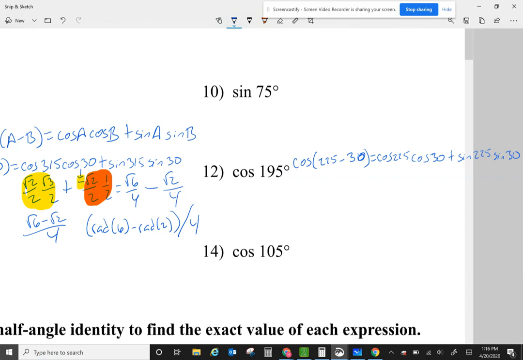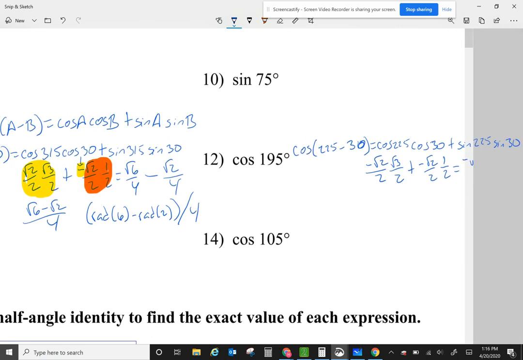All right, using my unit circle, I asked myself, what's cosine of 225? Cosine of 225 is negative radical 2 over 2. Cosine of 30 is radical 3 over 2. Sine of 225 is negative radical 2 over 2. Sine of 30 is 1/2.